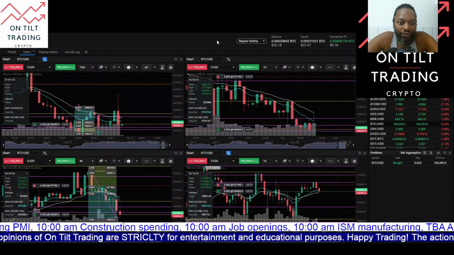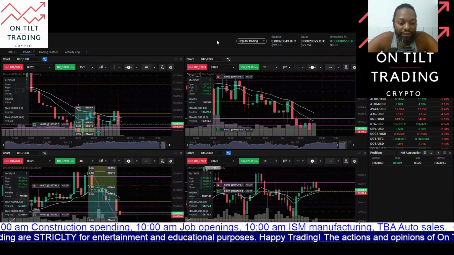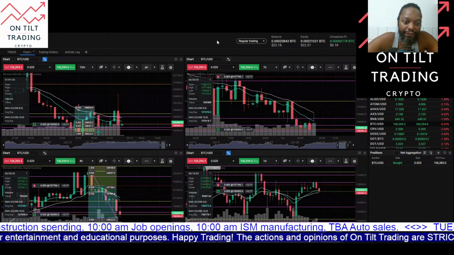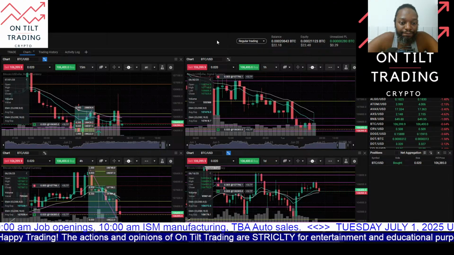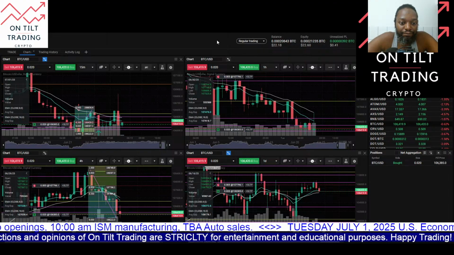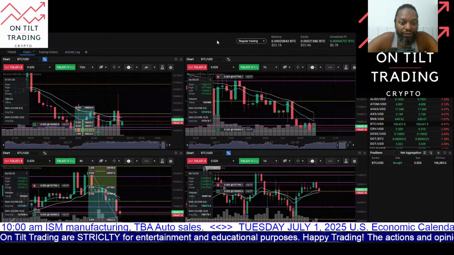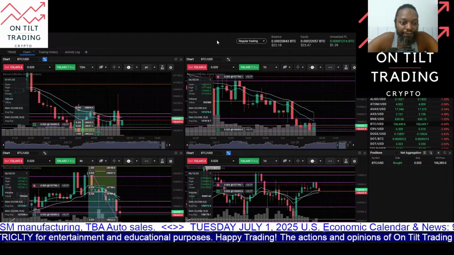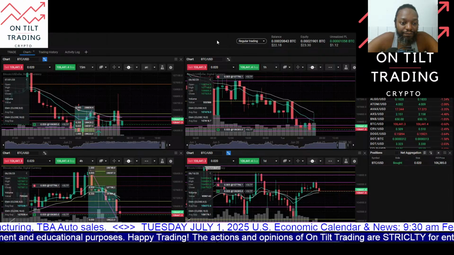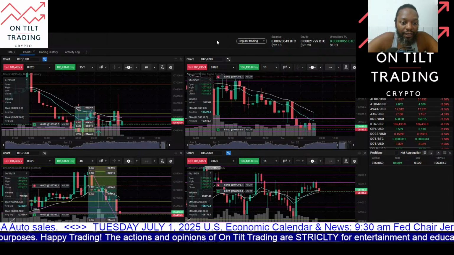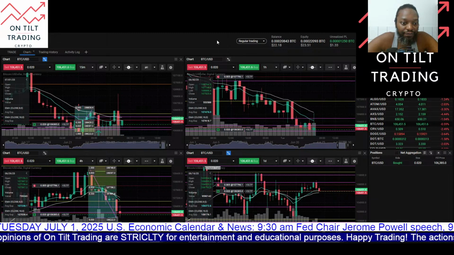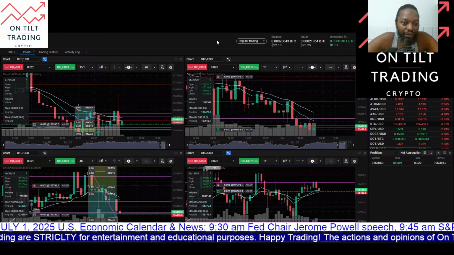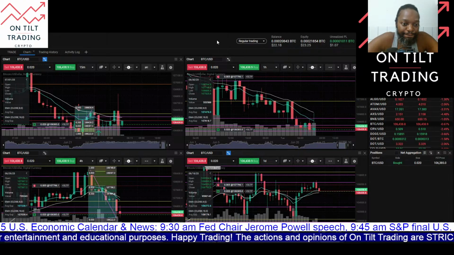Price now trading above my entry, right at my entry, or price consolidating here around the 106,400 level. More buy side delivery here with speed. Price at the 9 EMA on the 15-minute. Price consolidating here.